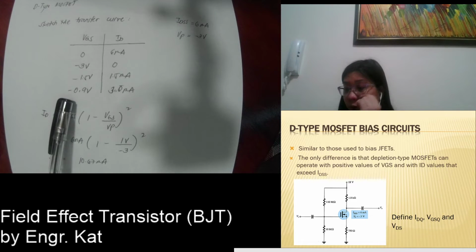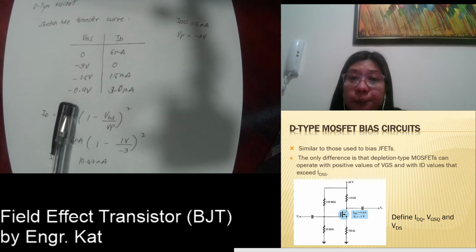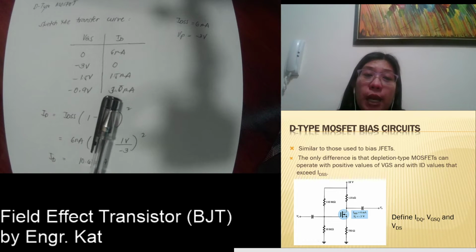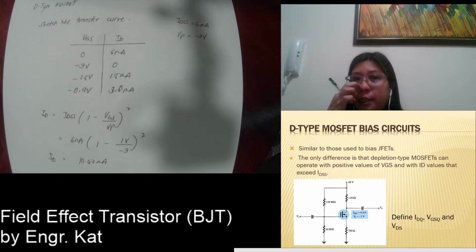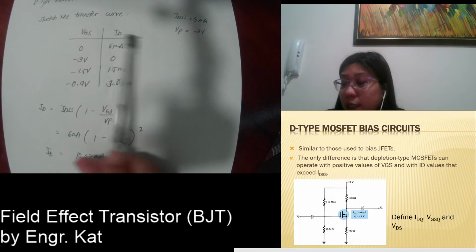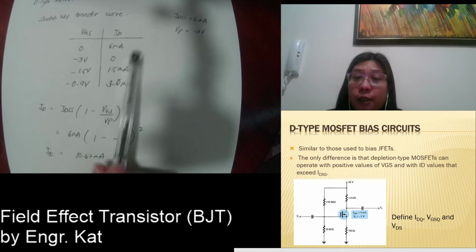And when your VGS is equal to 0.3 of your VP, which is negative 0.9, your ID is half of your IDSS, which in this case is 3 milliamperes. So for JFET, you stop here. For JFET, this is already enough in solving for the transfer curve.